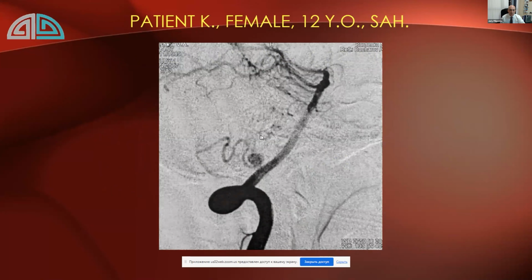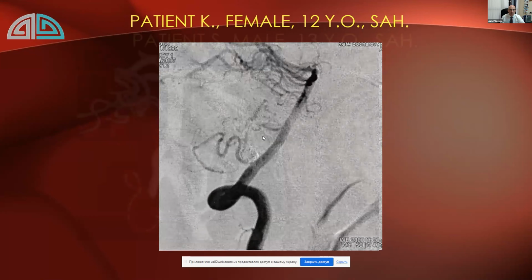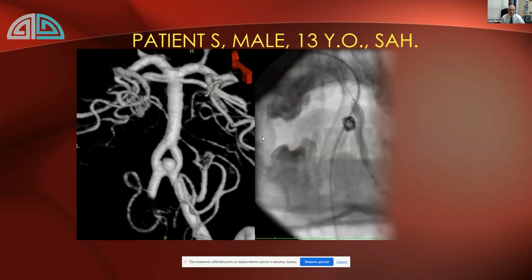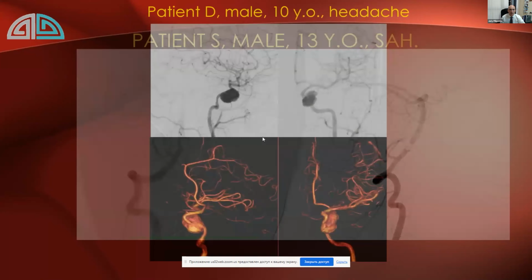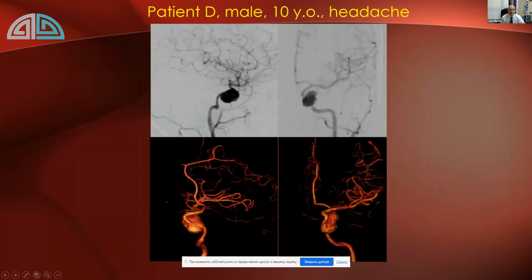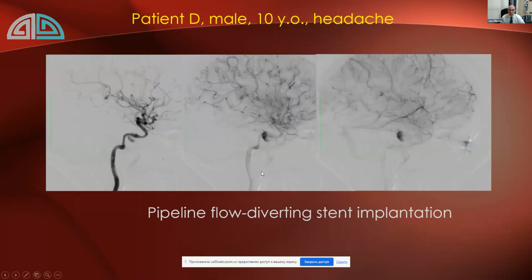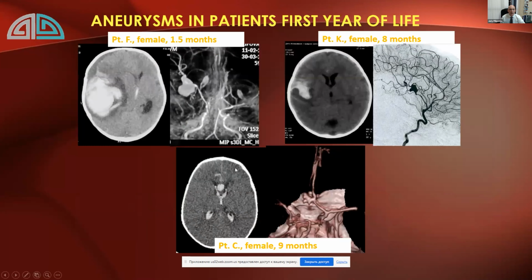Examples: typical cases were easily treated by coiling, in this case also coiling. And here you can see implantation of flow diverters. And on this slide, you can see aneurysms in children in the first year of life.